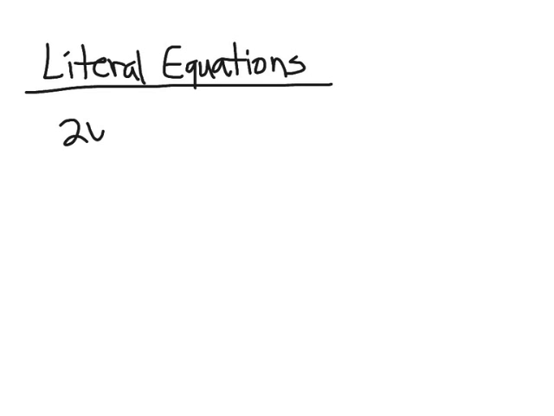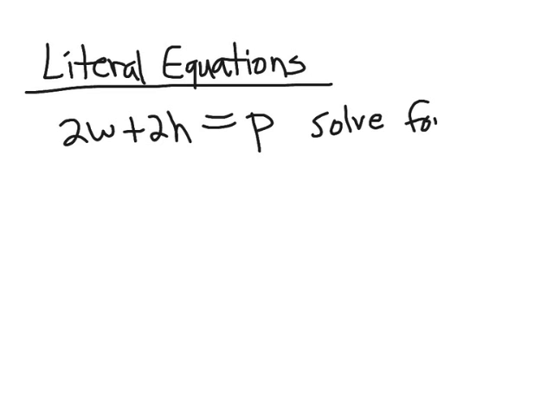2w plus 2h equals p. So that's a literal equation. A literal equation is just a formula. It's an equation that has more than one variable in it. And you might be told, solve for w.